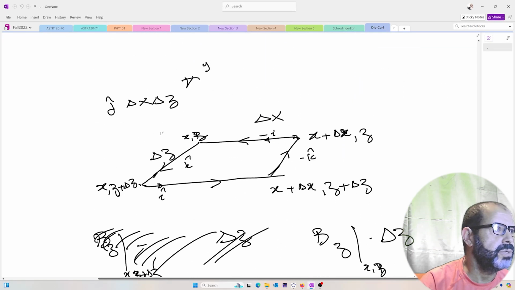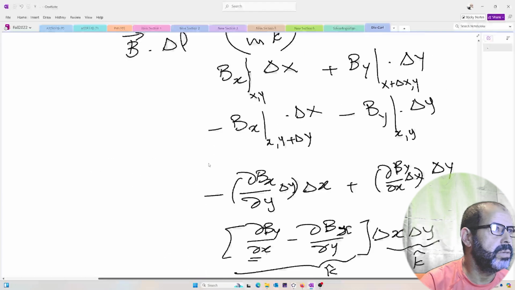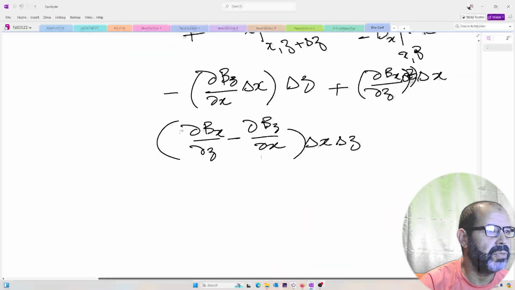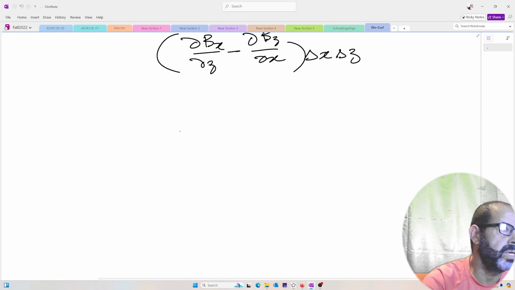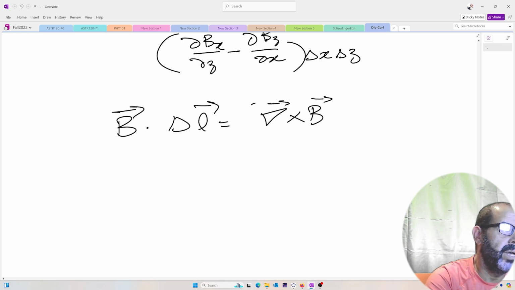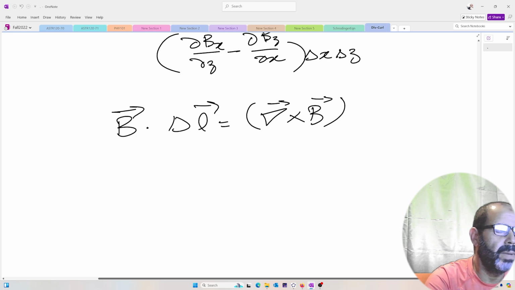This whole business started trying to compute this quantity. What is it? The integral of B dot dL through this whole path, and it's divided into two so far. You can do the rest. B times delta L through this path is going to be the cross product of del with B, basically the curl of B in the x direction times the size of the area in the x direction, plus, I didn't do the x, did I?